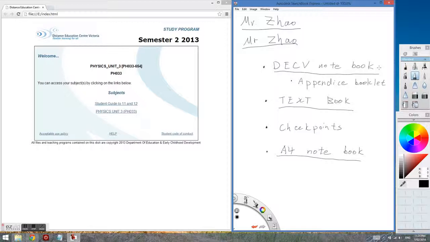I write down some notes, and sometimes I need you to write them down in your A4 notebook. By the end of the year, you have a book of physics notes, and it should be your own notes. That's the material you need.